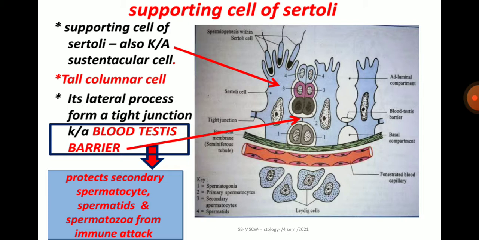So these fusion points of the two separate Sertoli cells form a junction, and that is barrier-like, and this is called the blood testis barrier, which is very important here because it protects the secondary spermatocytes, then spermatids as well as the spermatozoa from immune attack.